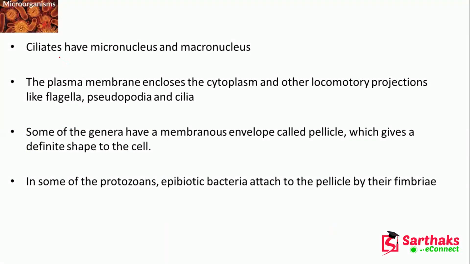So ciliates, already we know the ciliates, and they have the micronucleus and macronucleus. The plasma membrane encloses the cytoplasm, and there are locomotory projections like flagella, pseudopodia, cilia.